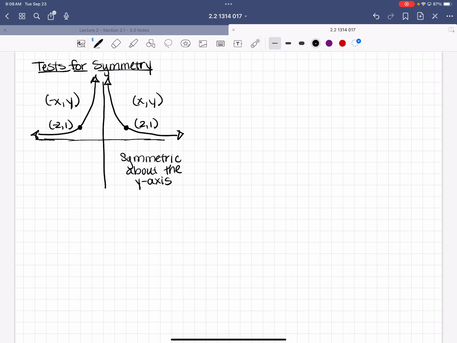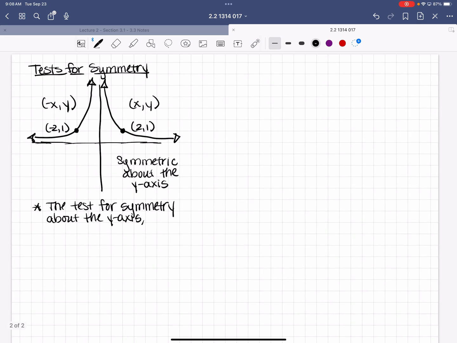So the test for symmetry about the y-axis, to test for it, we change the sign of x. And we're going to practice this after we do a few other ones, okay? So that's about the y-axis.